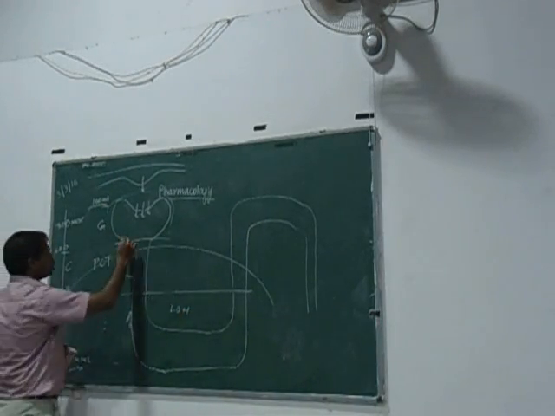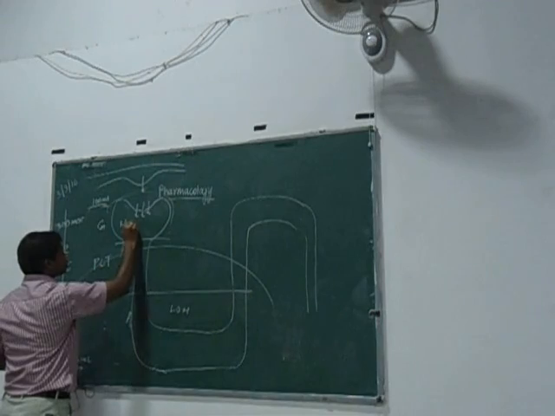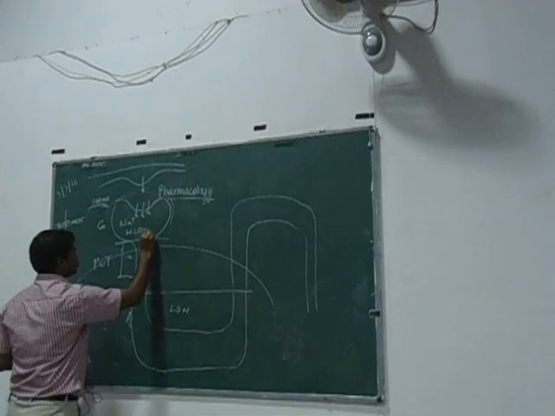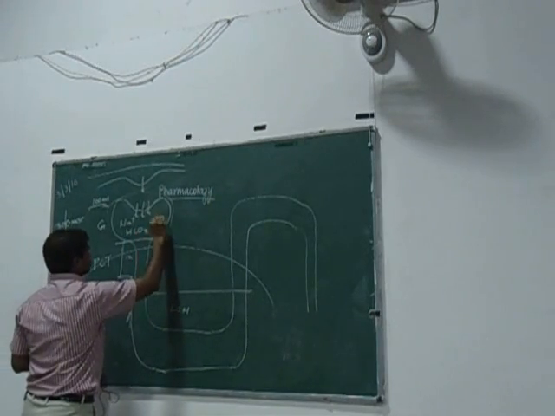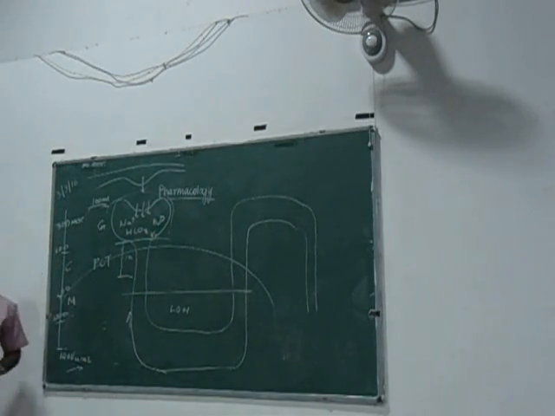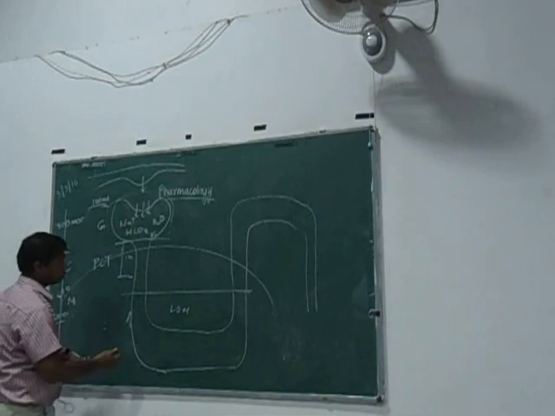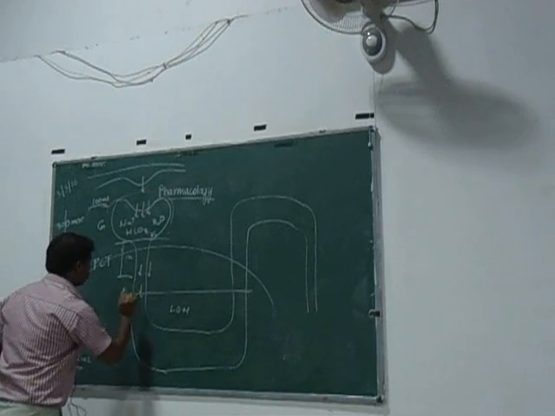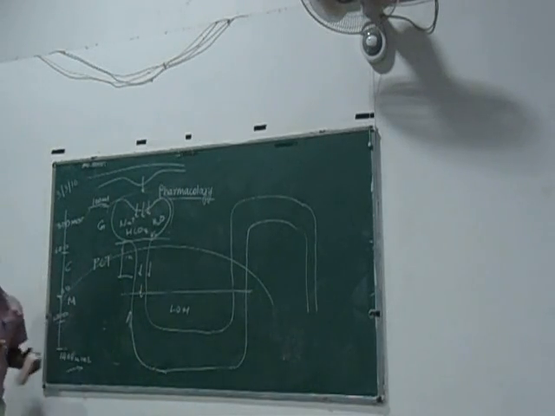So what are the important solutes which will be coming inside? Sodium, bicarbonate, water, and also potassium. So here when it is going on, what are the cells which can act on this part? Those things you need to remember.